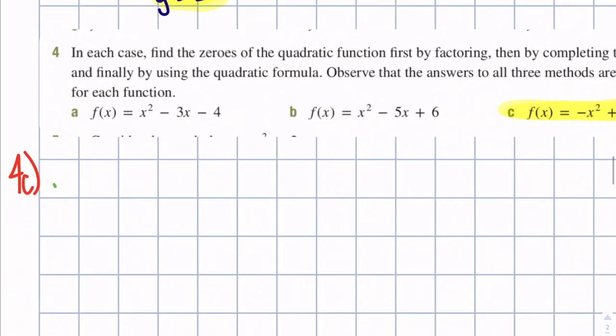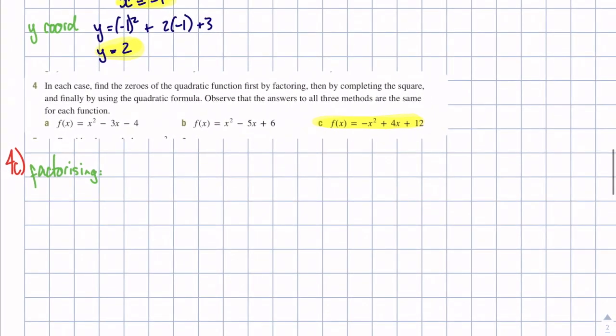So factorising. Okay. So this is the method where we know f of x equals minus 1x squared plus 4x plus 12. Minus 1 times 12 equals negative 12.